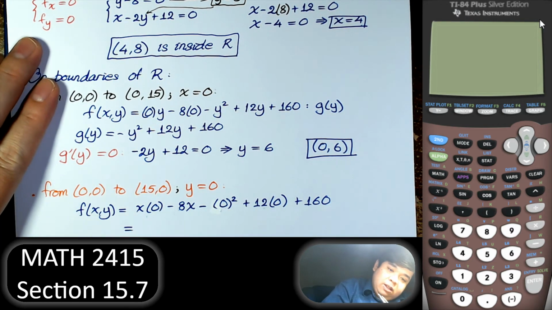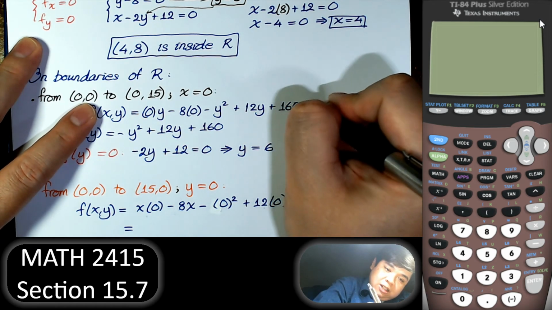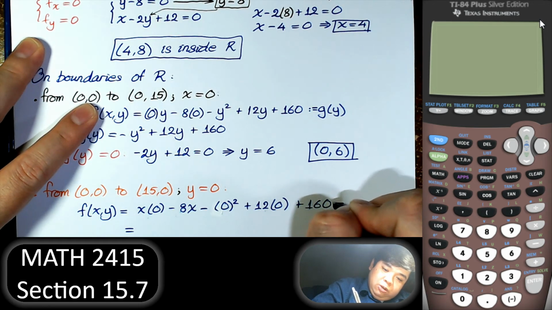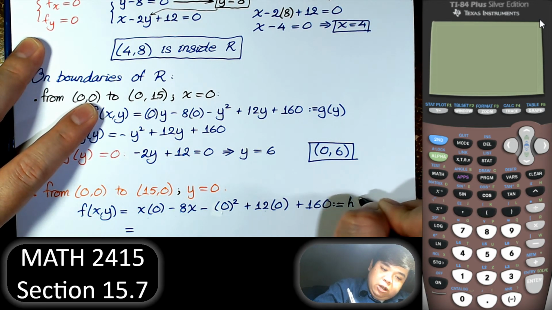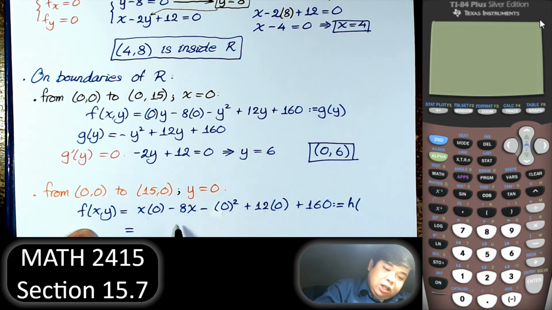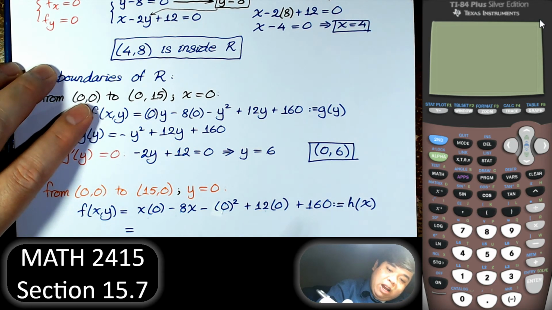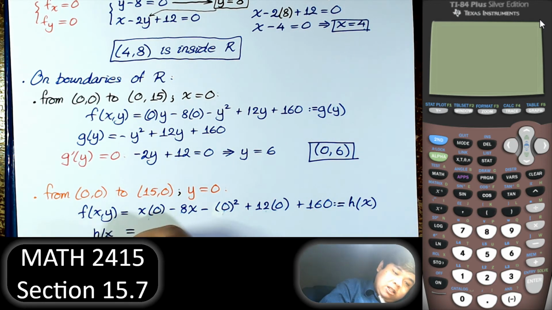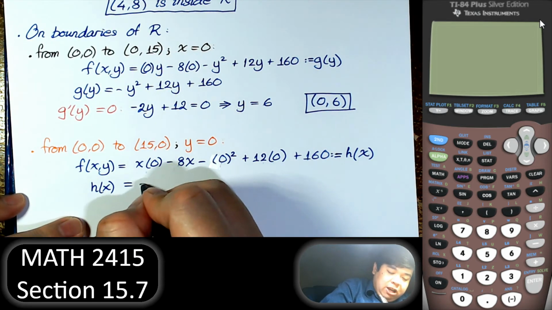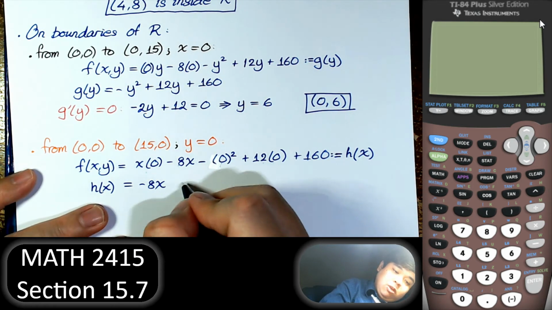So we're going to make that equal to, let's say, h of x, it's only x left, right? Because that one 0, that one 0, so 160. So this is just a function of x. So h of x will be equal to negative 8x plus 160.